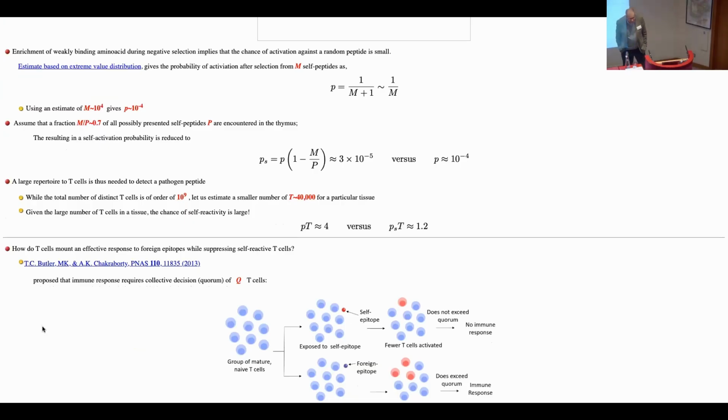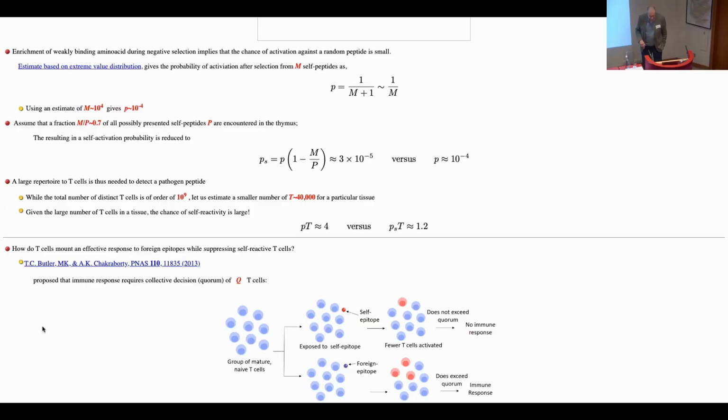One can show that quite generically, if something has not reacted to M copies of something, and the next time it is presented with something taken from that distribution, the chances that it will react to that has gone down to 1 over M plus 1.